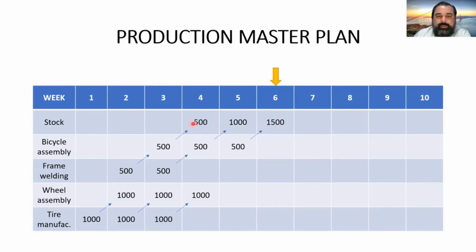So at the end of week 4, we'll have 500 bikes in stock. At the end of week 5, we'll have 1,000 bikes in stock. And only by week 6, we'll have more than 1,200 bikes to deliver to the end customer, or to have available for our sales department.